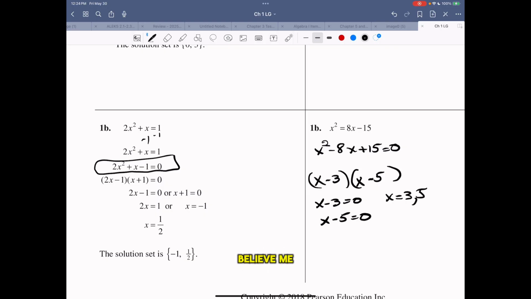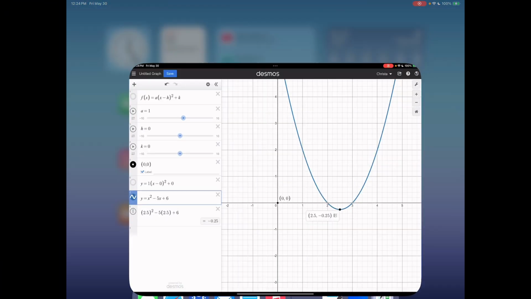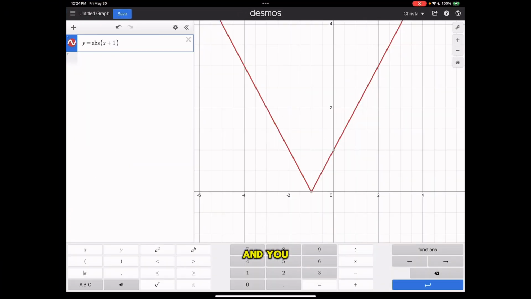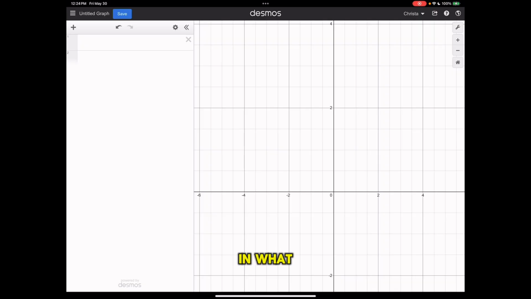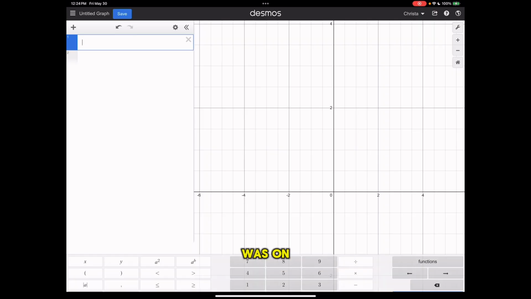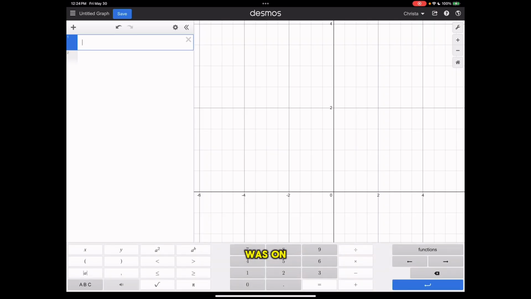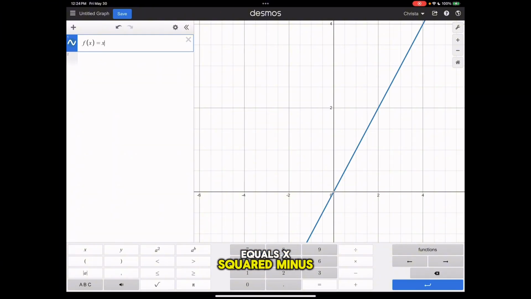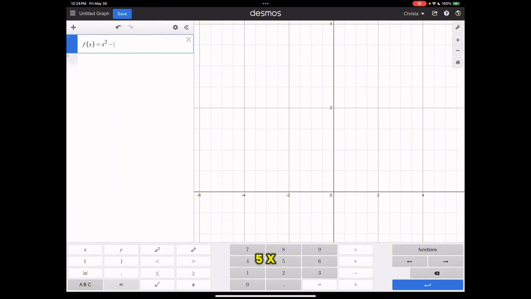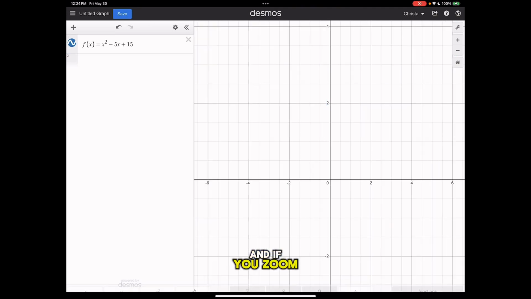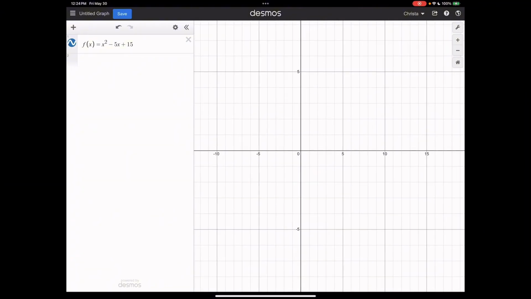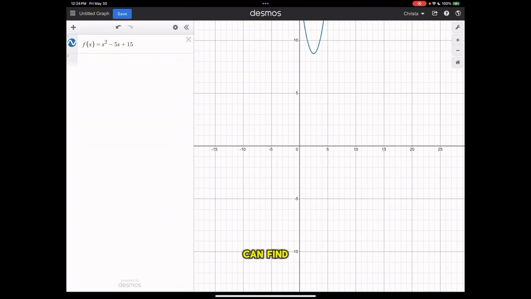And if you don't believe me, you can go and look at Desmos. And you can type in what was on the left. So f of x equals x squared minus 5x. What was it? Plus 15. And if you zoom in, as long as we can find it, it's up there.